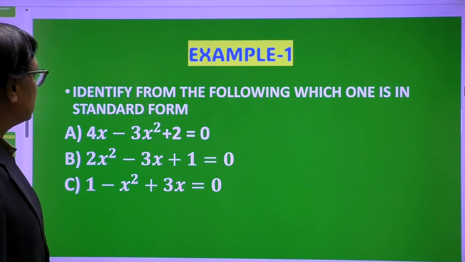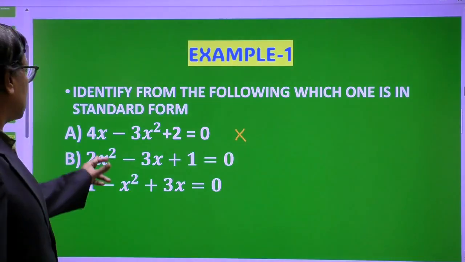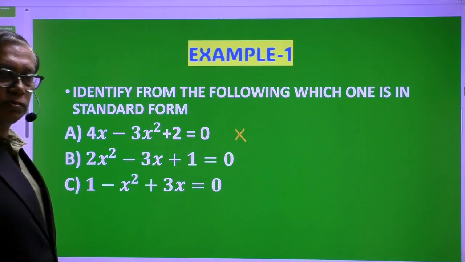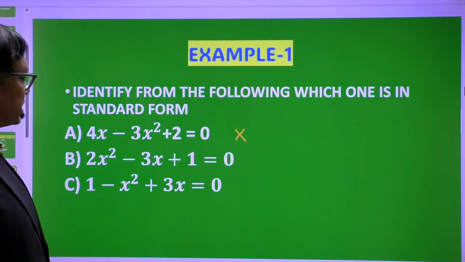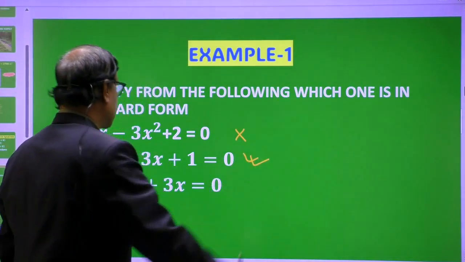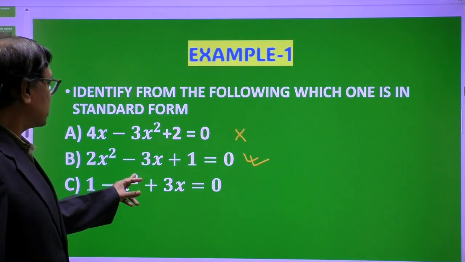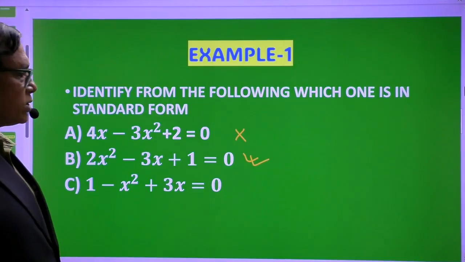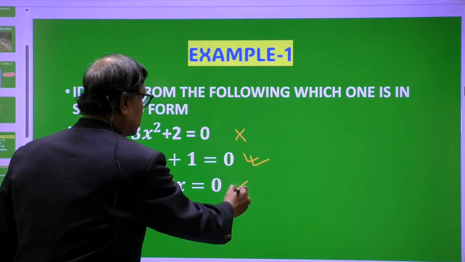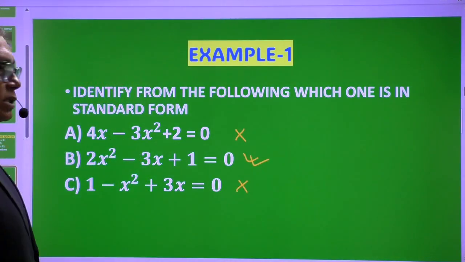Now B: power 2, power 1, power 0, descending order. So it is in standard form. Third one: power 0, power 2, power 1. It is also not in descending order. That's why it is also not in standard form. Is it clear?